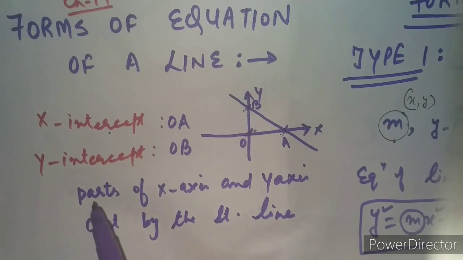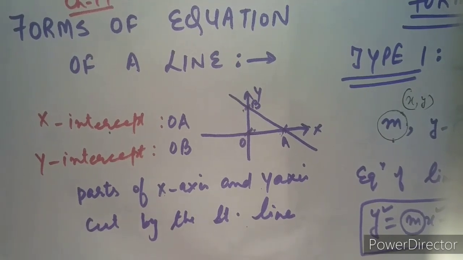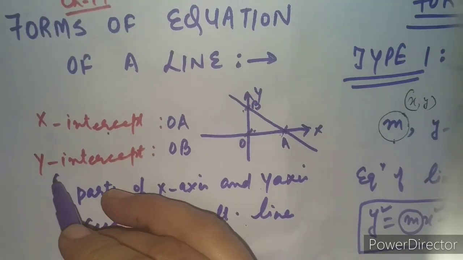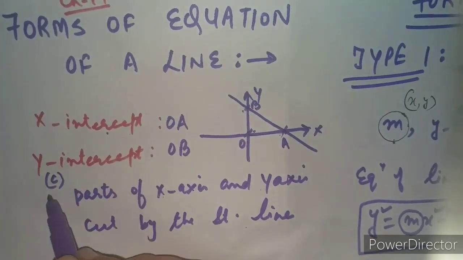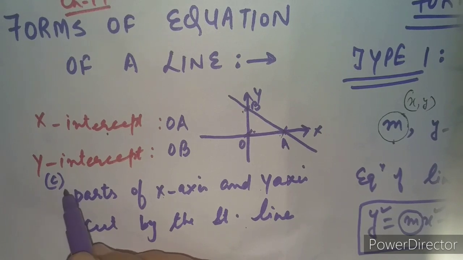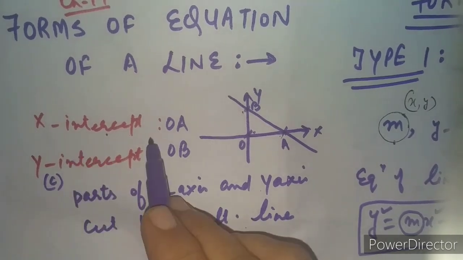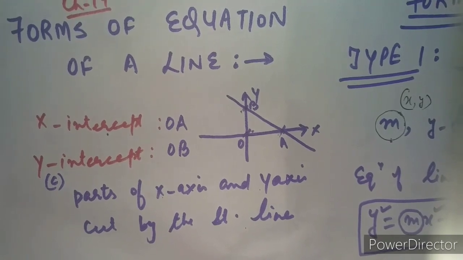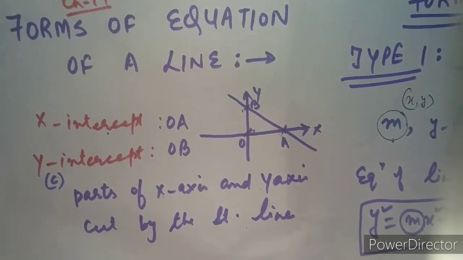Okay, so in the further forms of equation of a line, we will always denote the y-intercept by small c. Remember, small c. For the x-intercept, there is no particular notation used, but whenever it comes we will see what to do.